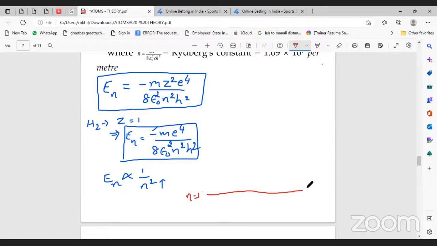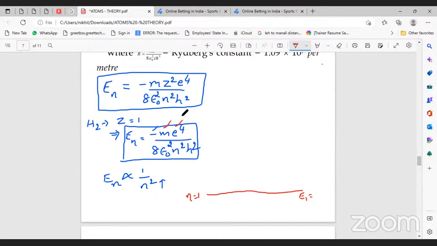Can you tell me what is the energy in this first orbit? You know that n equals 1. Mass of the electron is 9.1 into 10 power minus 31 kg. e is the charge of the electron, that is 1.6 into 10 power minus 19.